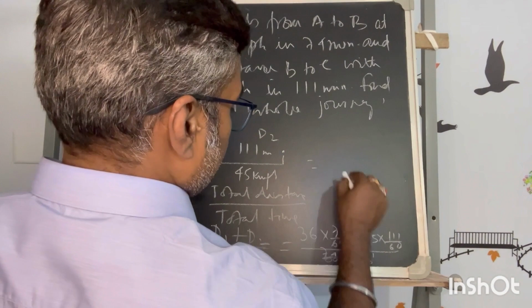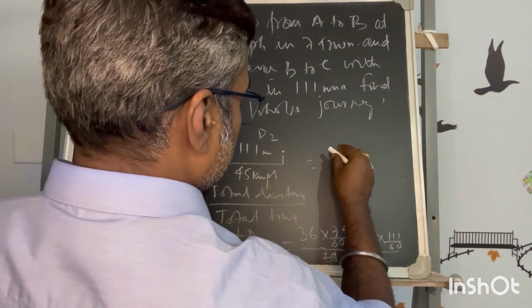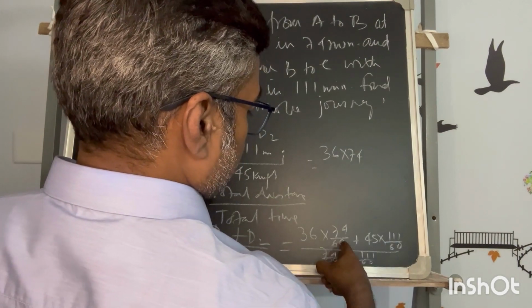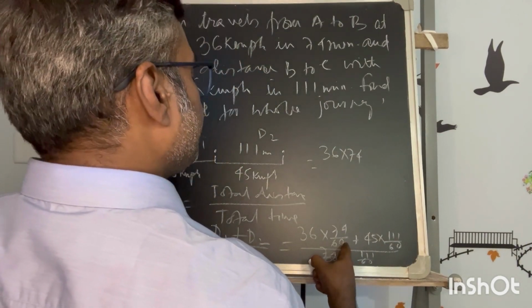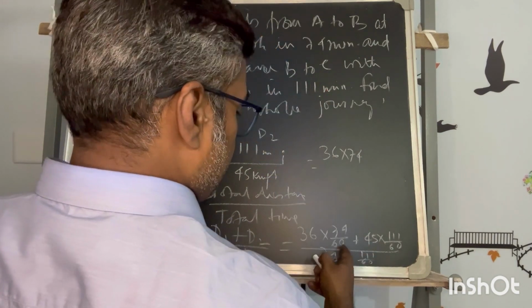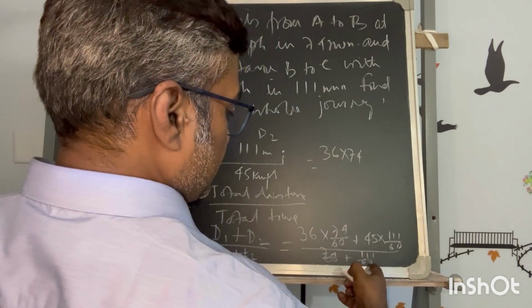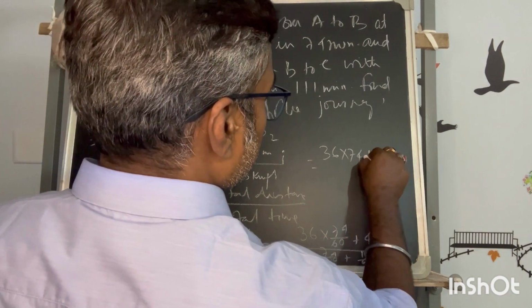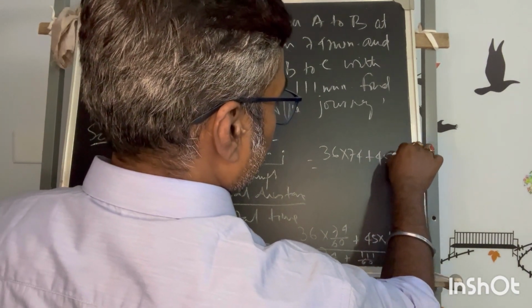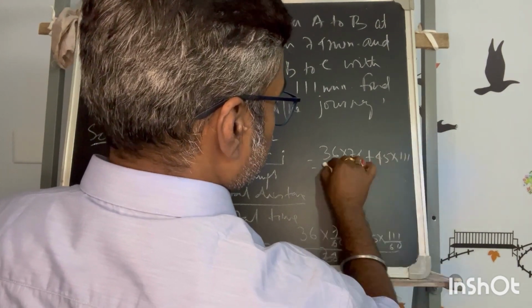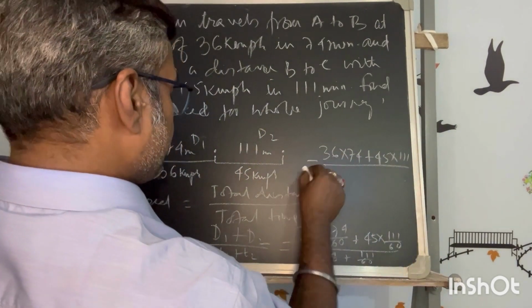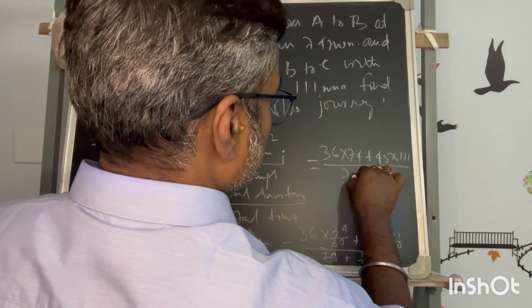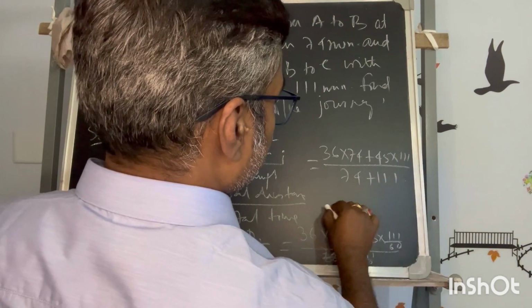Ultimately the 60 will cancel, so this is 36 into 74. I put 60 only to convert into hours. But the effect of 60 is not coming because it appears in both numerator and denominator, so ultimately it will be cancelled. For any further problem you need not convert in such cases, because this is the ratio of two things where the conversion will not affect the calculation. So this is 74 plus 111.